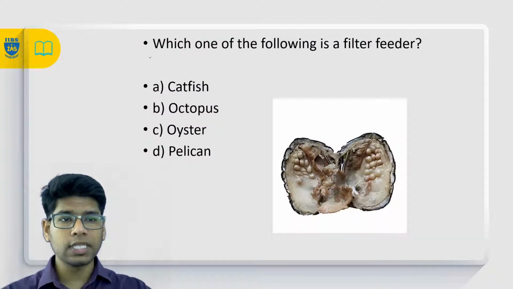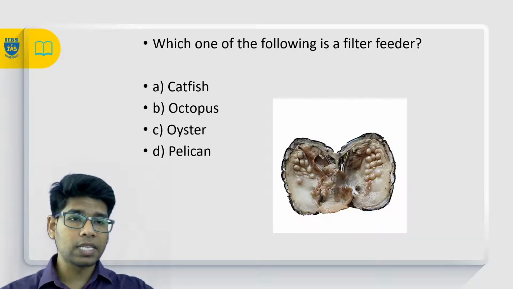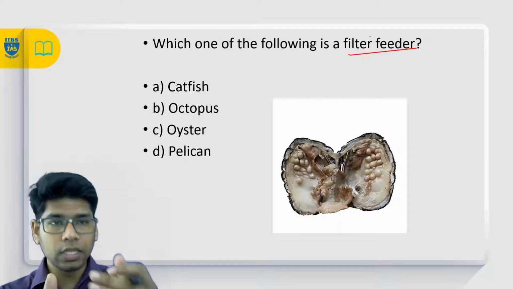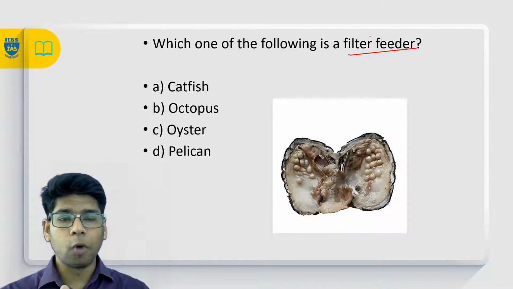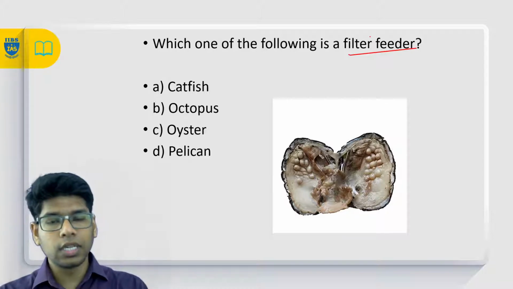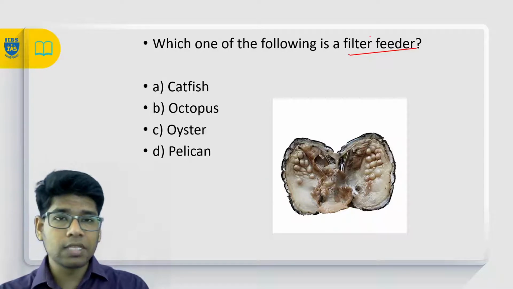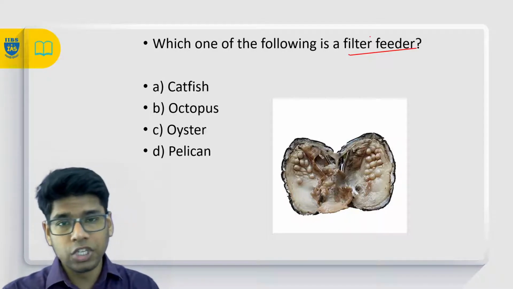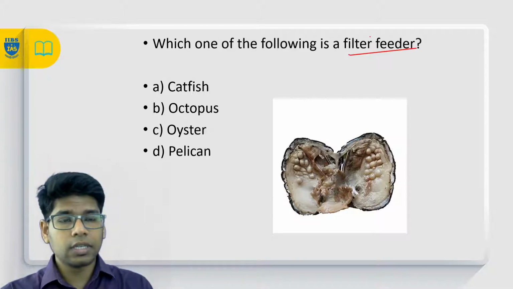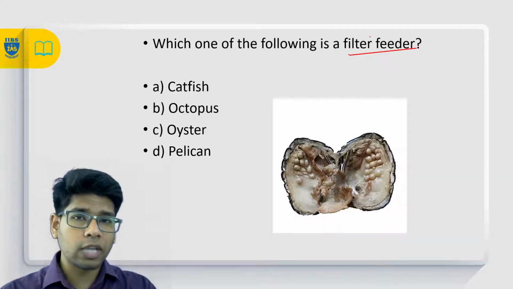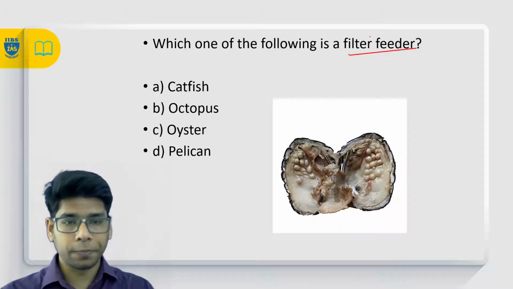Next one, which of the following is a filter feeder? The filter feeding mechanism is something where the impurities in the water are filtered and the water is carried through the body. In the waters, obviously there will be sediments. The filter feeding mechanism is present in a few aquatic animals, where the sediments or soil particles are filtered from entering the body.